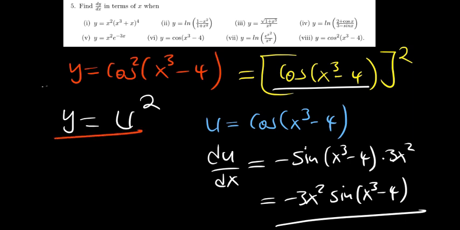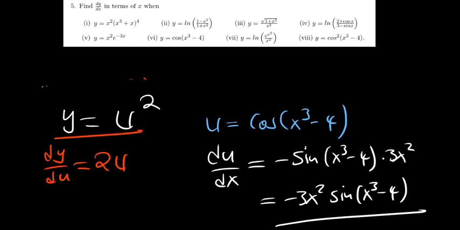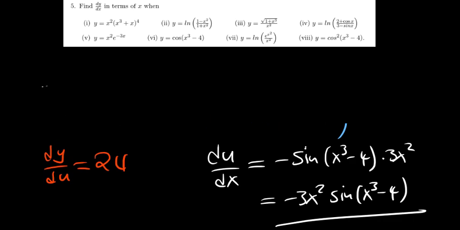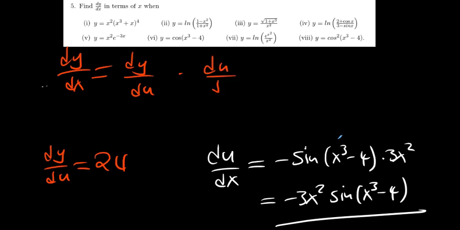Differentiate this with respect to u. It's going to be called dy du, which would be 2u. Now for us to get dy dx, it's a product of dy du multiplied by du dx.